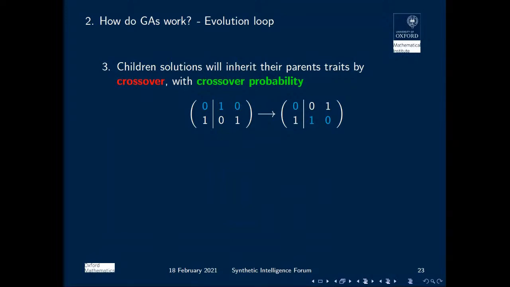So this is the descent with modification step that is very familiar in the biological literature on how Darwin initially described evolution. And this is actually the core mechanism of the GA, because this is exactly where our good genes, the good results of our search process, are going to be conserved and amplified in the next generation.